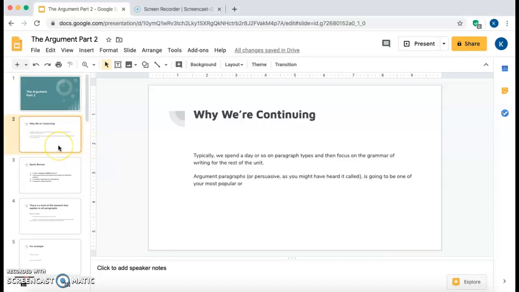So, in this first slide, again, we're going to be talking about why we're continuing this particular essay topic or writing style.